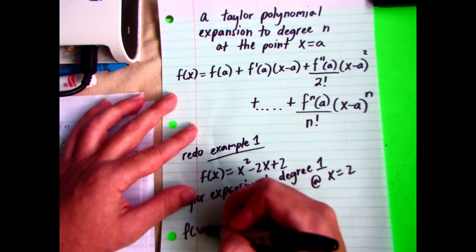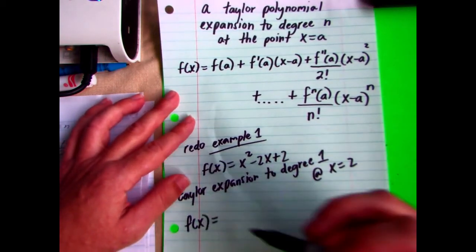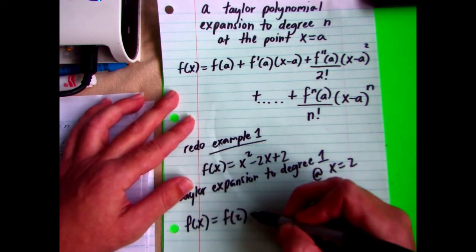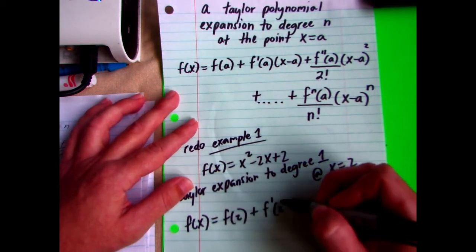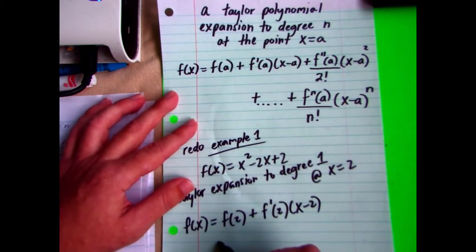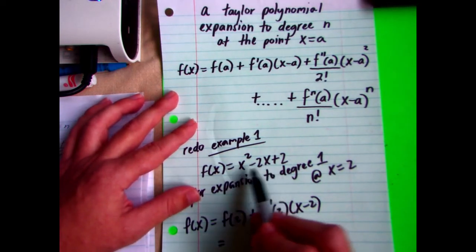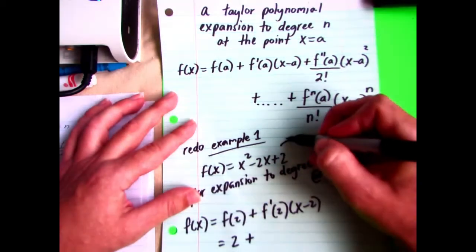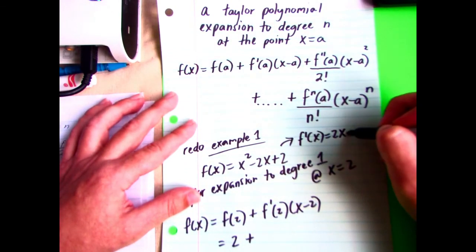Using the formula that I just gave you, that polynomial begins with f of 2. Then we're going to add f prime of 2 times x minus 2. So let's just calculate these out. f of 2 is 2. I need to find f prime of 2, so it helps to have f prime written out.